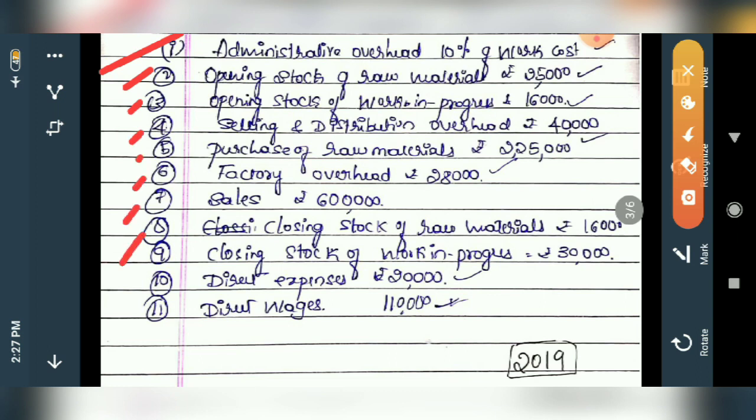So let us see it one by one, but you have to follow your same methodology of format of cost sheet. So administrative overheads are given, that is 10% of works cost. This 10% related calculation we have calculated during our class hours only before lockdown. Okay, note it, just practice that so that you can understand this now. So solution is there. Let us see the question first.